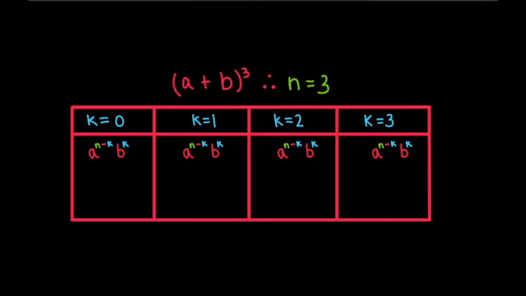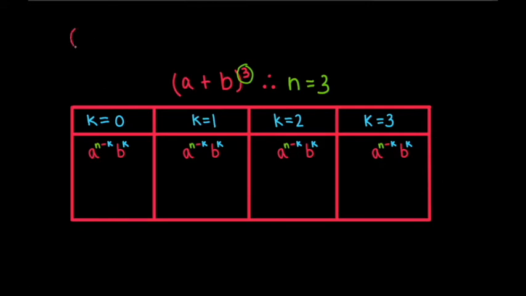So here's where the variable k comes into play. And you might remember this variable coming up in the binomial theorem formula. So let's explore (a + b) cubed again, right? So we know that in this case, our n value is going to be 3, since that's the power we're raising (a + b) to. And let's just draw out what (a + b) cubed is equal to.